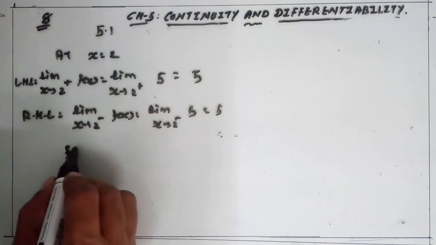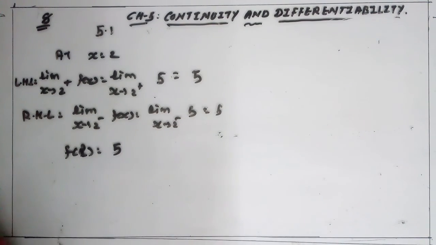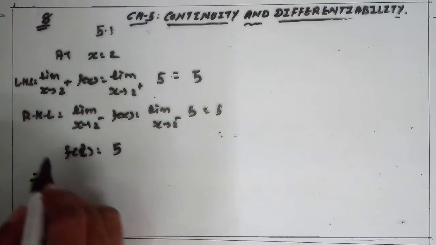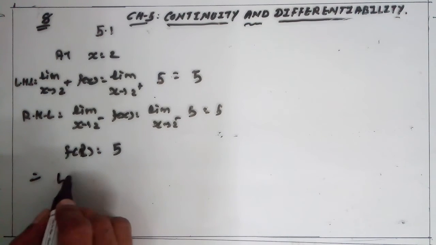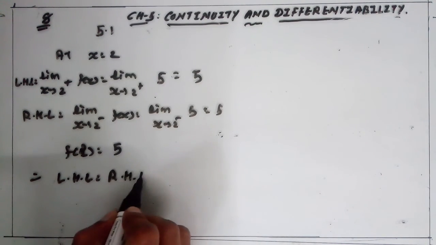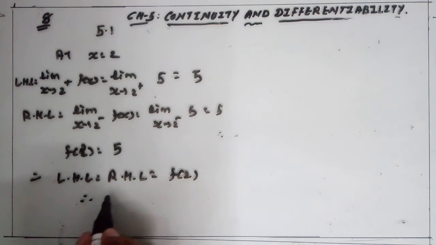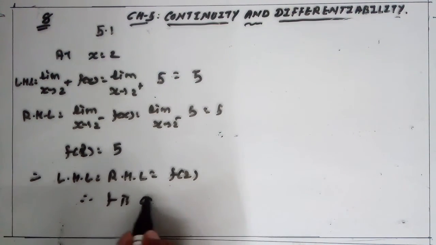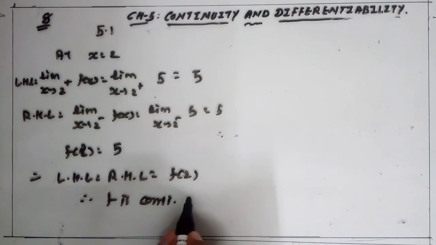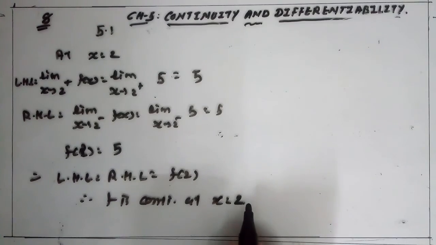And f of 2 is also the constant function 5. Therefore all are equal. LHL is equal to RHL is equal to f of 2. So f is continuous at x is equal to 2.